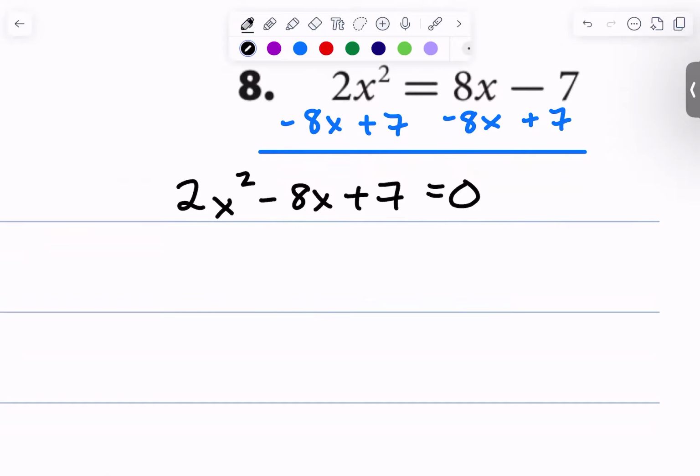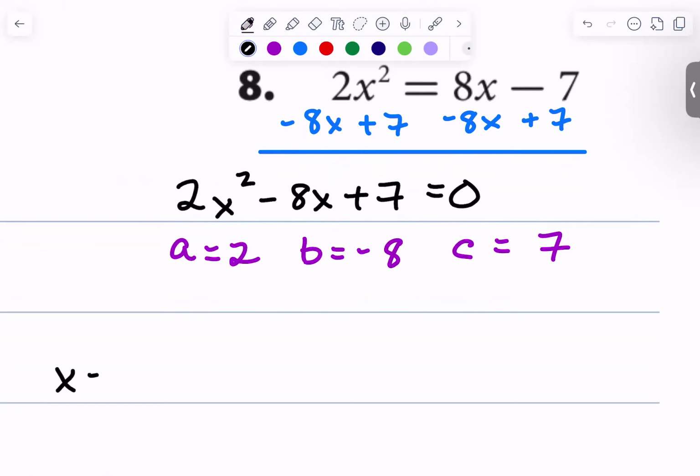Now, since it equals 0, I can figure out my A, B, C value. So my A value is 2, my B value is negative 8, and my C value is positive 7. Okay?